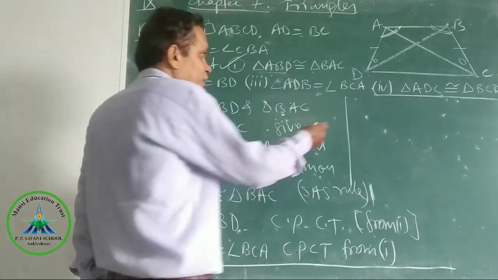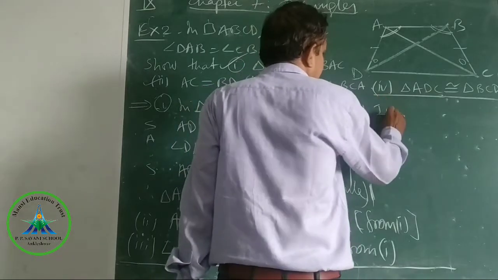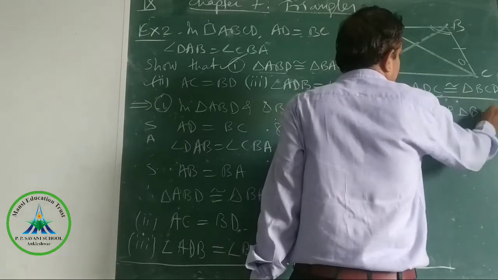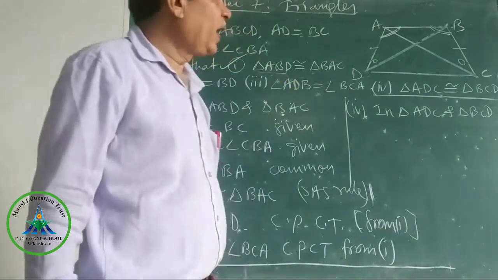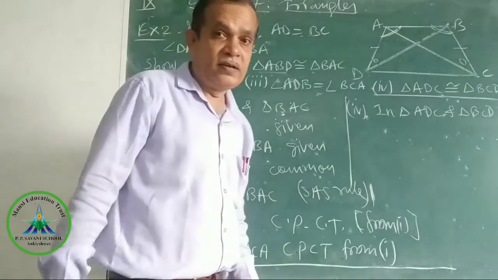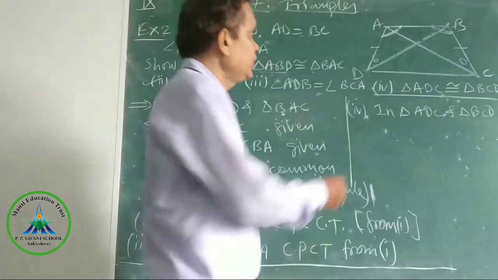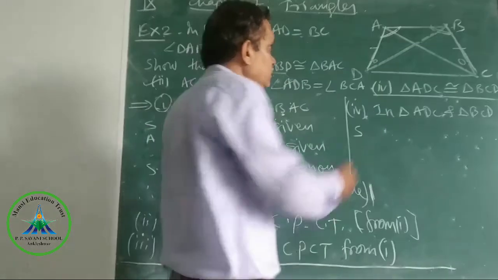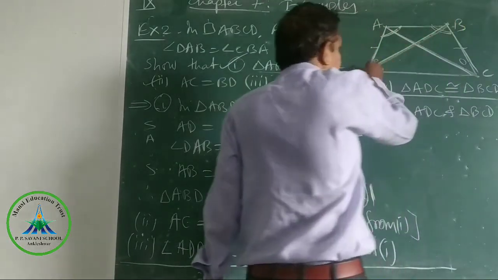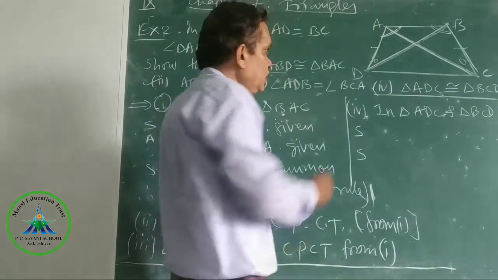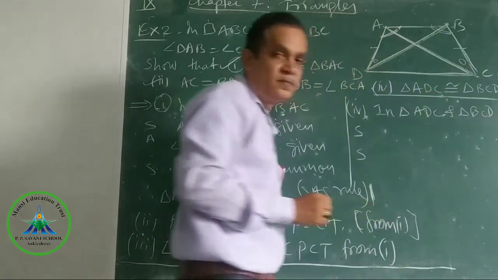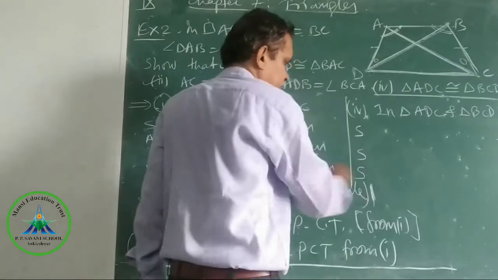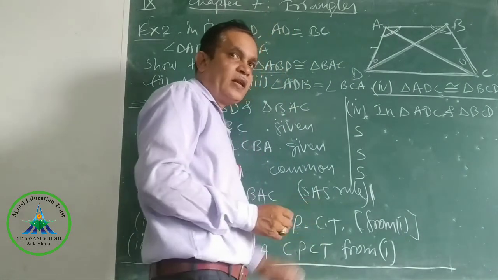We will write for 4: in triangle ADC and triangle BCD, this side equal to this side, we got one pair; this side equal to this side, second pair; BC equal to CD, third pair. Hence the triangles are congruent.